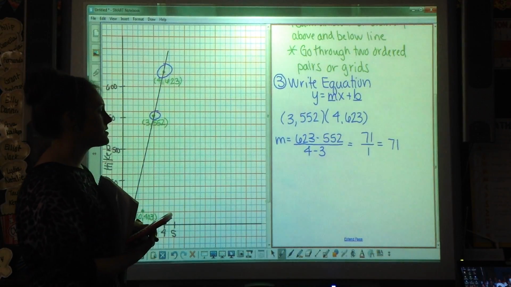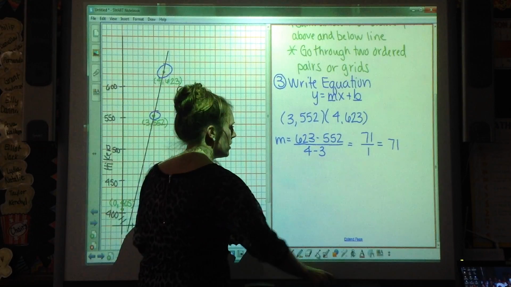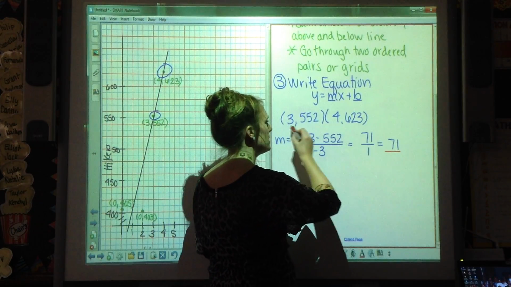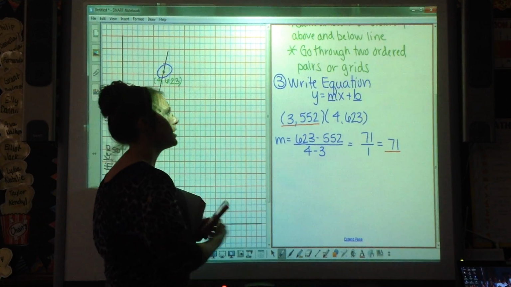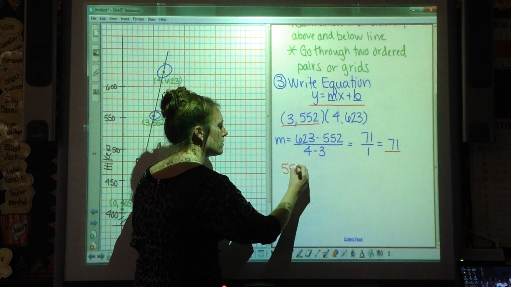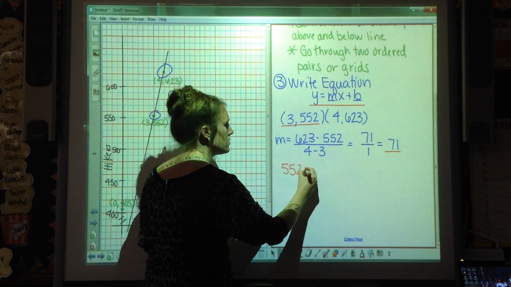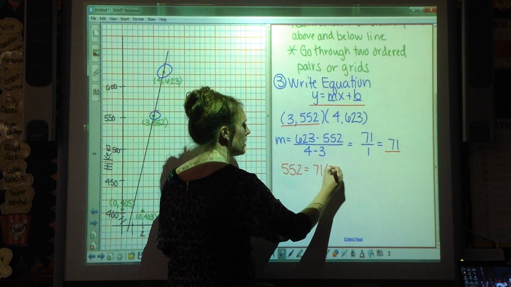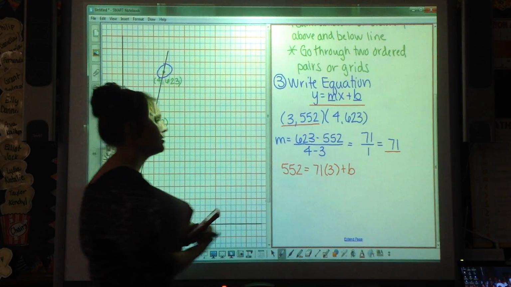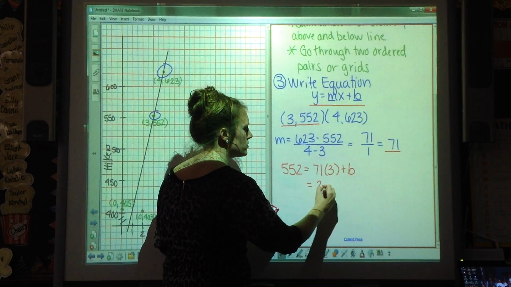Okay, now that I have the slope, I'm going to find my b. To find my b, I'm going to use my slope and the smaller ordered pair and plug it into this equation: y equals mx plus b. 71 times 3 is 213.